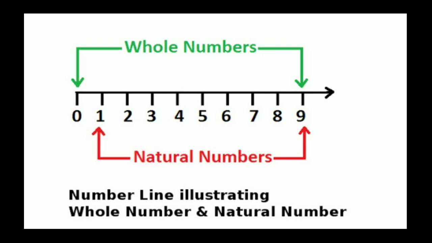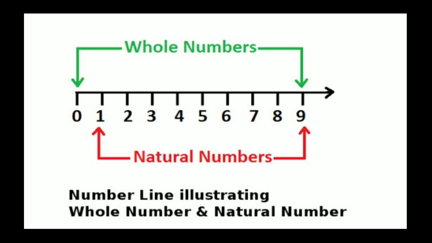Up there you will see it is written as whole numbers. What is the meaning of whole numbers? Whole numbers are all natural numbers, but it includes 0. Okay, so 0 is also a number, and it was the Indian person Aryabhatta who discovered the number 0.